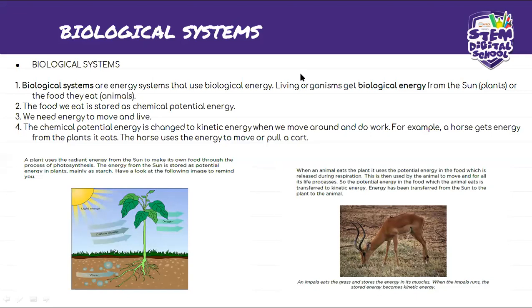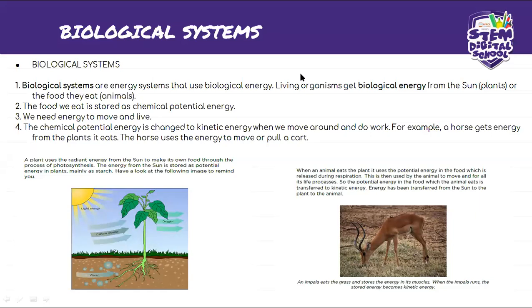A plant uses radiant energy from the sun to make its own food through the process of what? Photosynthesis. You remember we said photosynthesis is the process whereby plants manufacture their own food using carbon dioxide, water, and light. All right. But there must also be what? A chlorophyll.